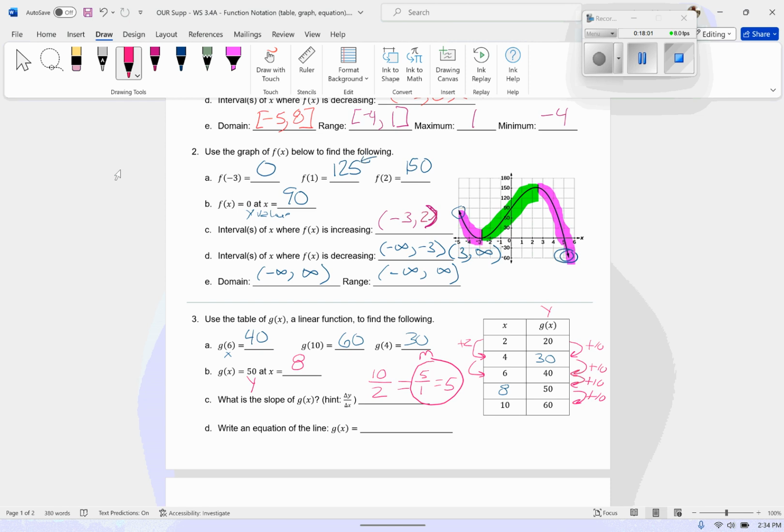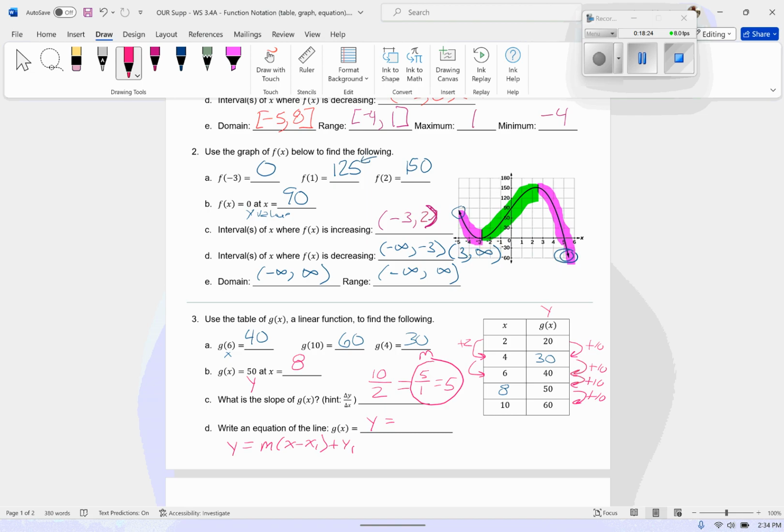Okay. Now it says write the equation. Okay, so the equation. You ready? Remember this equation? We talked about it? Okay, ready? So it's going to be y equals, what's my slope?